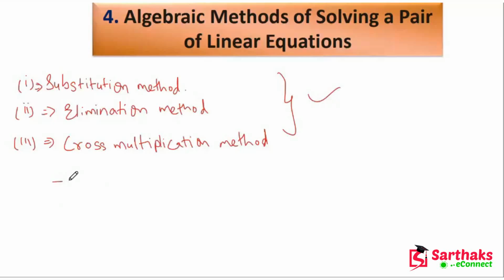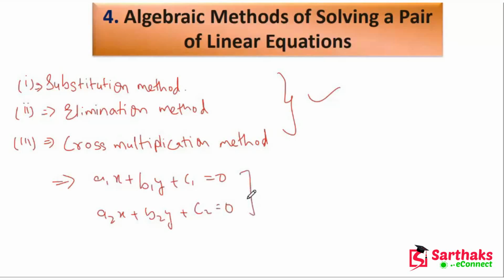So let's suppose we have the equations a1x plus b1y plus c1 is equal to 0, and a2x plus b2y plus c2 is equal to 0.